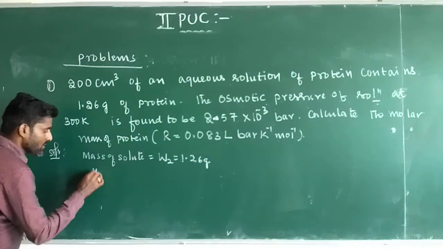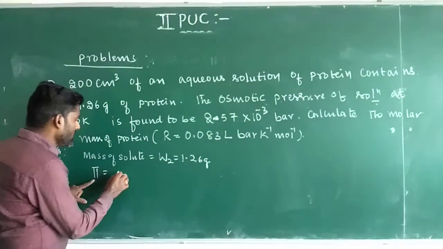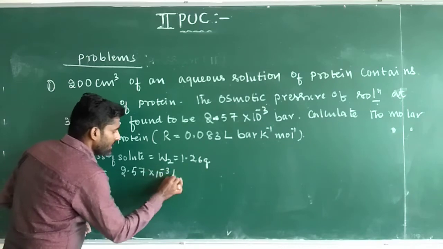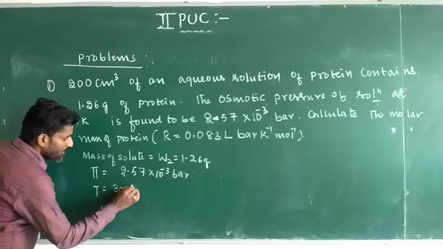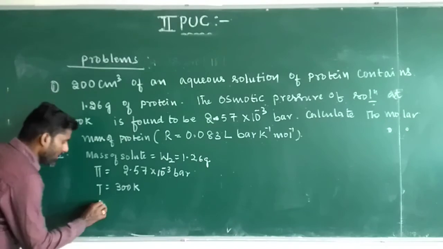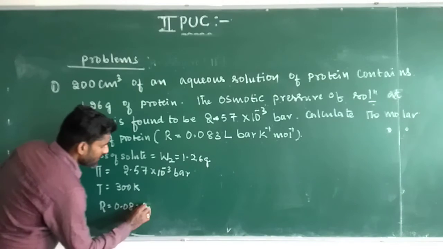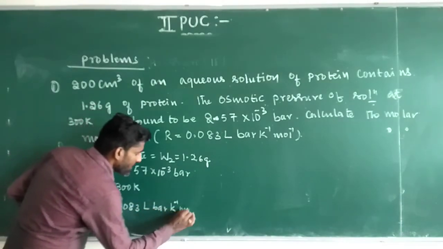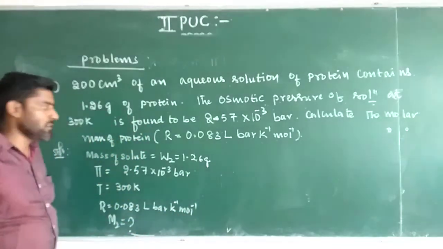Osmotic pressure pi value is given, 2.57 into 10 power minus 3 bar, temperature is given, 300 Kelvin, and R value is given, 0.083 liter bar per Kelvin per mole. We have to find M2, the molar mass of solute.